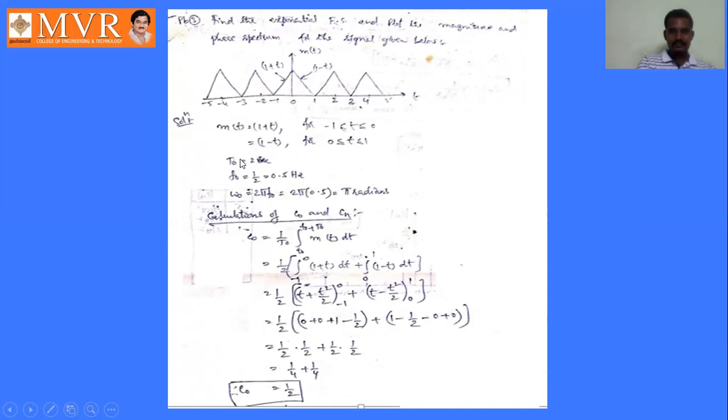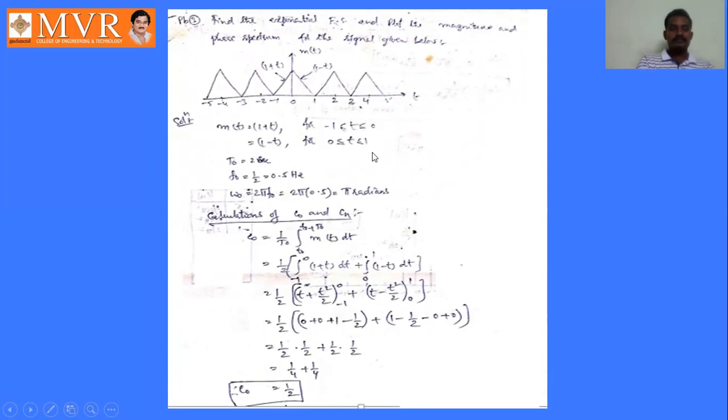F naught is the reciprocal of this T naught, that is 1 by 2, equal to 0.5 hertz. And omega naught is angular frequency, that is 2 pi into F naught. So 2 pi into 0.5, that is pi radians. And m of t is given as m of t equal to 1 plus t for minus 1 is less than t is less than 0, and it is equal to 1 minus t for 0 is less than t is less than 1.